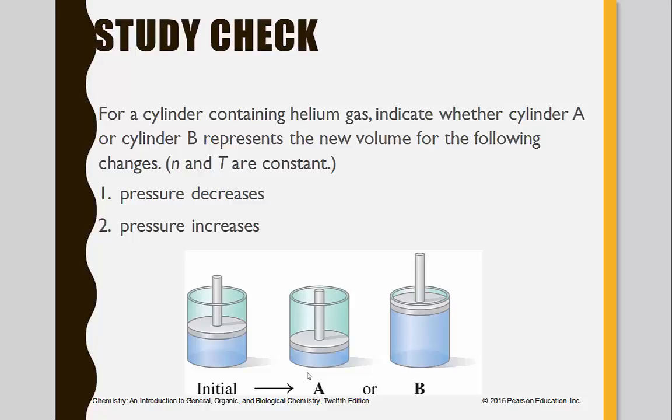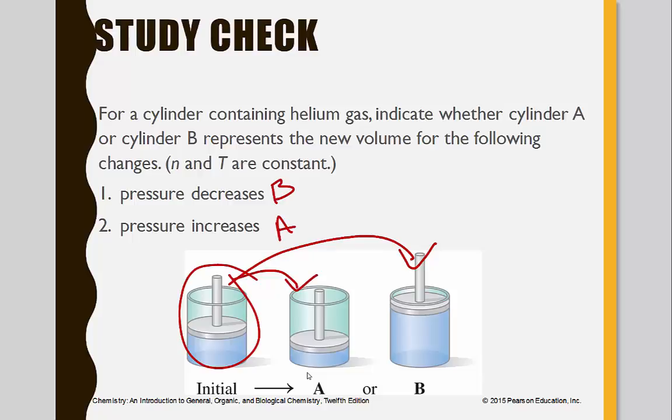If the pressure decreases, that means the volume is going to increase. So part 1 is going to be B, because as one goes up, the other one goes down. So if P goes down, V goes up. For part 2, the pressure increases, which means the volume is going to decrease. So as one goes up, the other one goes down proportionately.